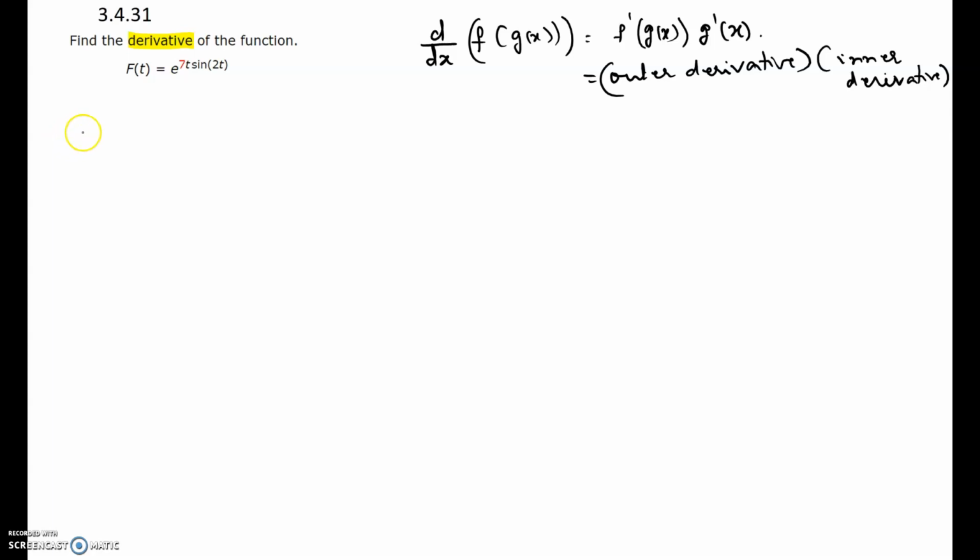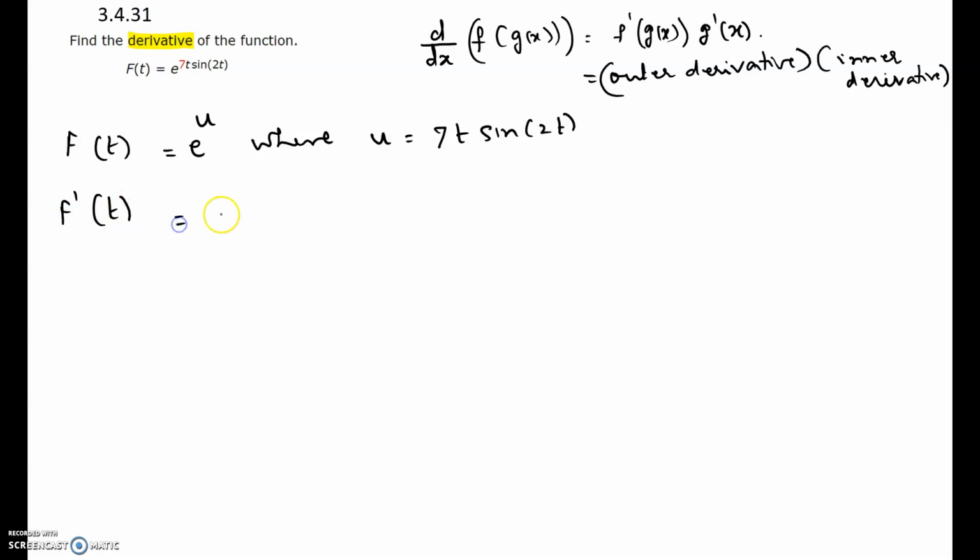So now we are going to do the derivative of f of t. We are going to write f of t as e to the exponent u, where u is 7t times sine of 2t. So f prime t is going to be e to the u, which is the outer derivative, times the inner derivative, which is u prime, the derivative of u.